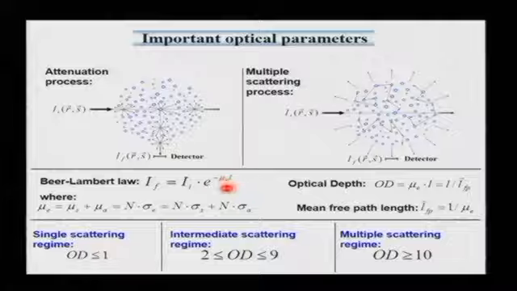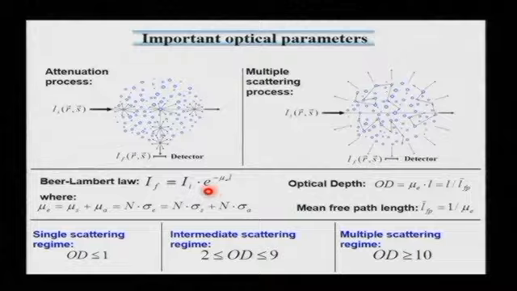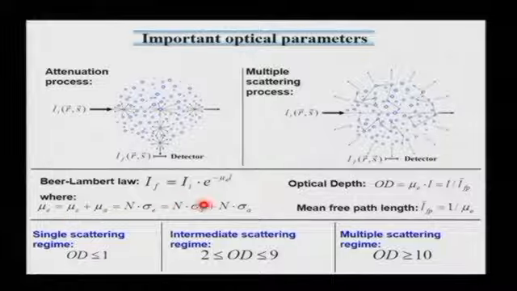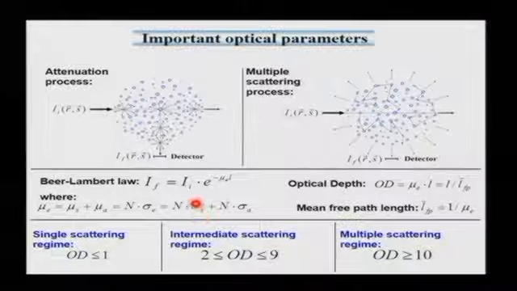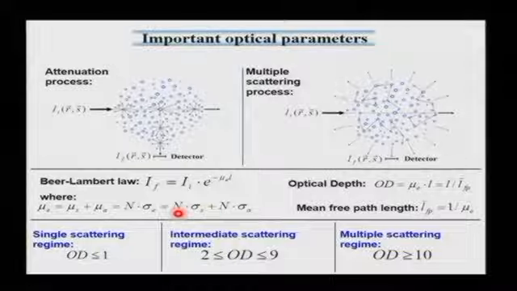Here we have the attenuation coefficient and the thickness of the medium. Traditionally, we consider that attenuation happens due to scattering and absorption, and it can be presented in terms of the cross-section of scattering and number of particles, and the cross-section of absorption and number of particles.